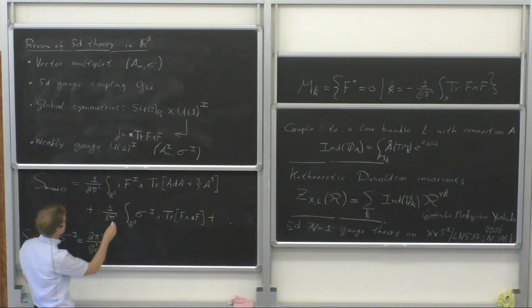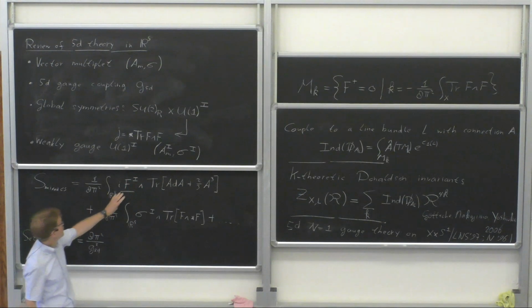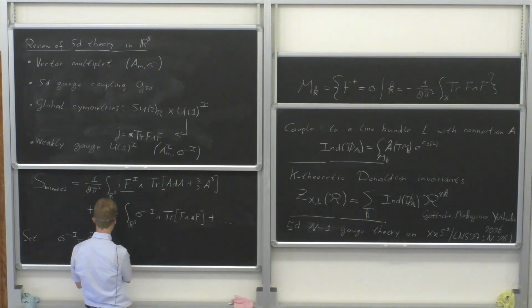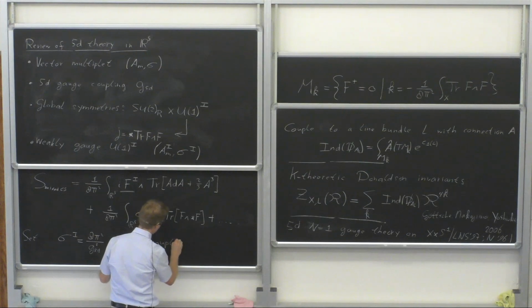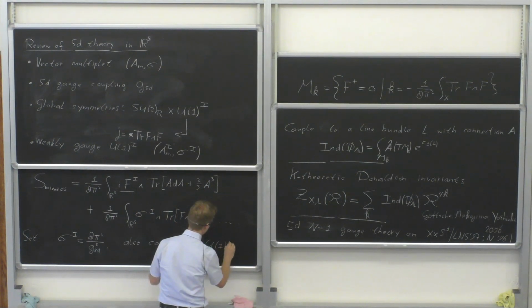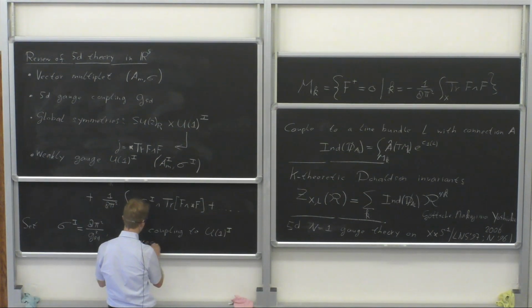Okay, and these terms also then give us directly a coupling of these background fluxes of the global symmetry to the dynamical gauge field, also coupling to U(1)_I fluxes.